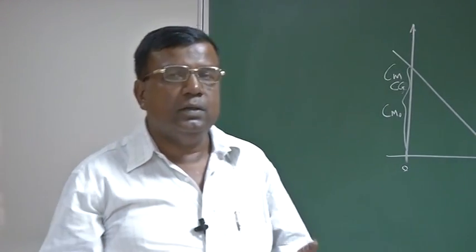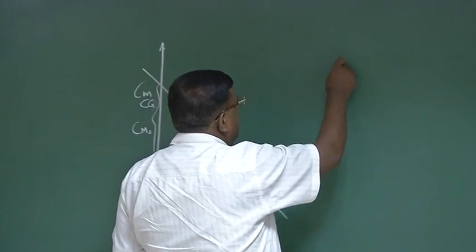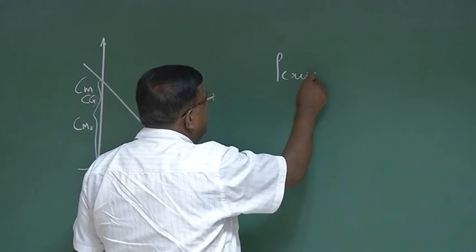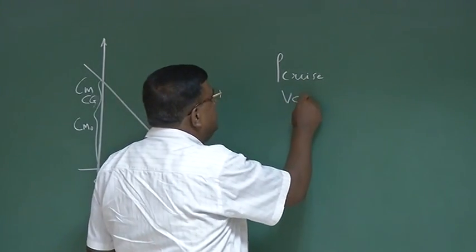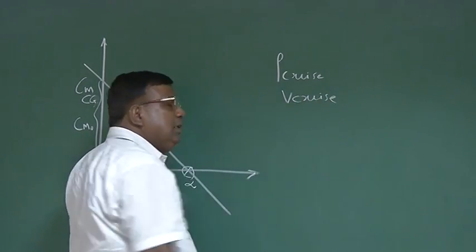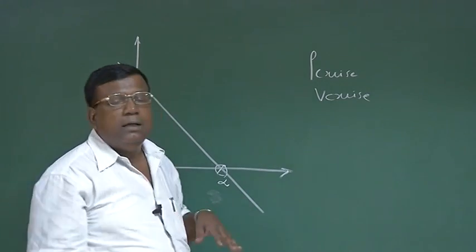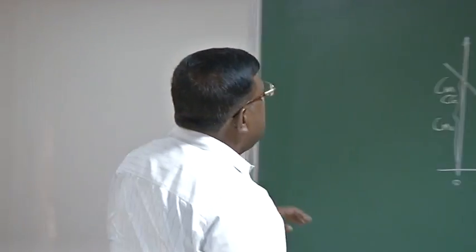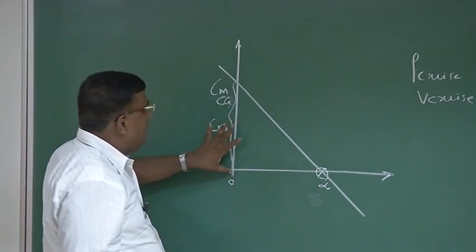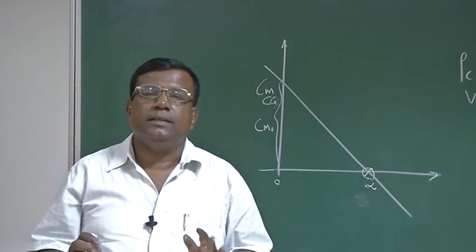So if it is for a cruise, then at cruise altitude, which is pre-decided, at a cruise speed, V cruise, which is again pre-decided in the design stage itself, you would like that the airplane wing, tail should be laid out in such a way that automatically it should be able to generate this Cm0 at alpha equal to 0 without deflecting the elevator.